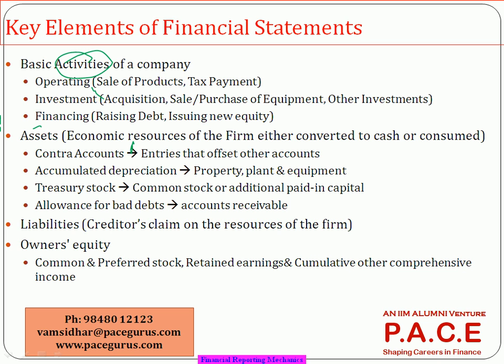In some cases, we will list out all the assets, and we also talk about contra assets, the assets which are negative to that asset. For example, the machine I have purchased.